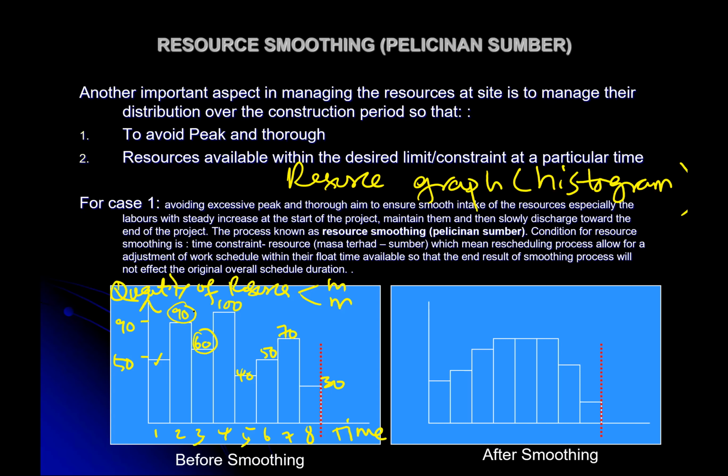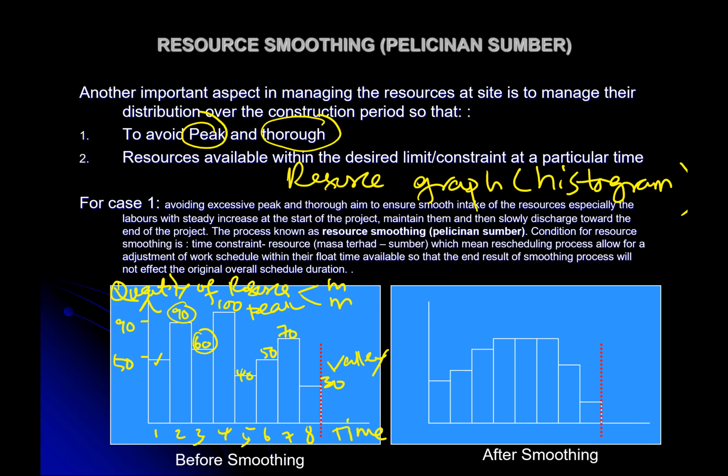So we try to avoid what we call the peak and the trough. Trough is basically the valley, peak and valley in simple words. The lowest one will be the valley. Try to avoid peak and valley.